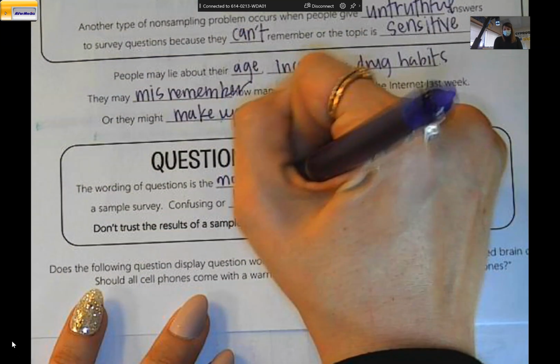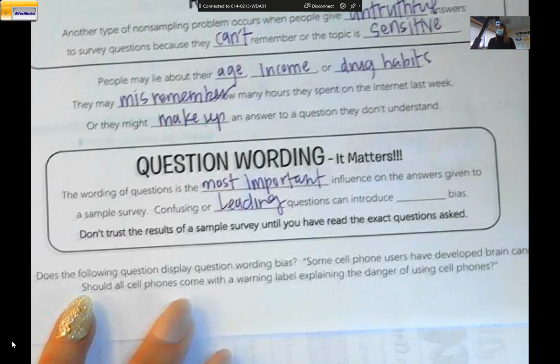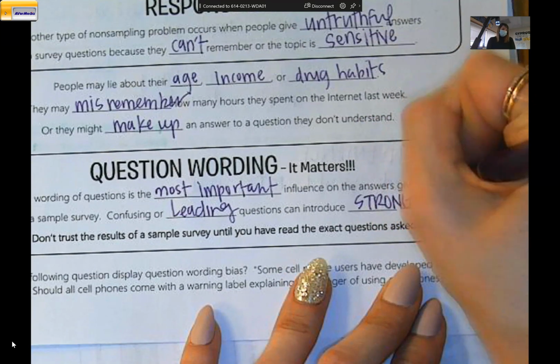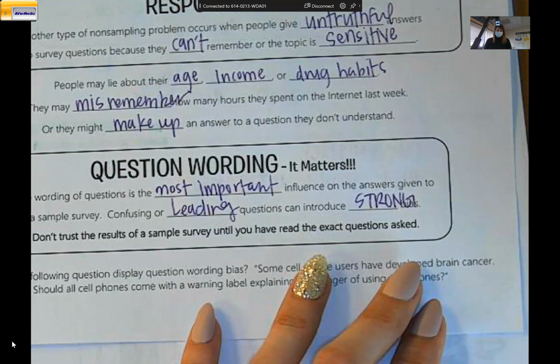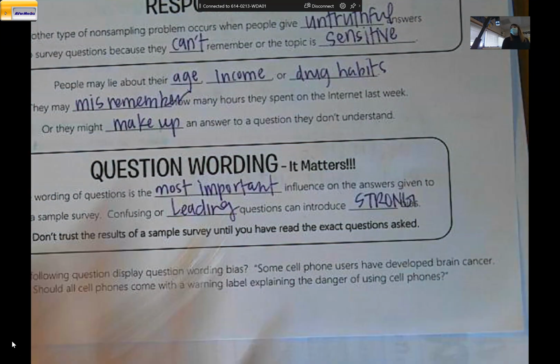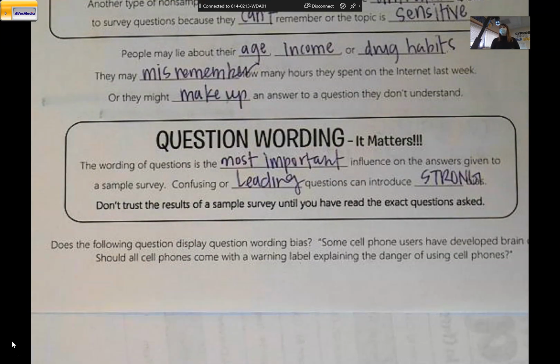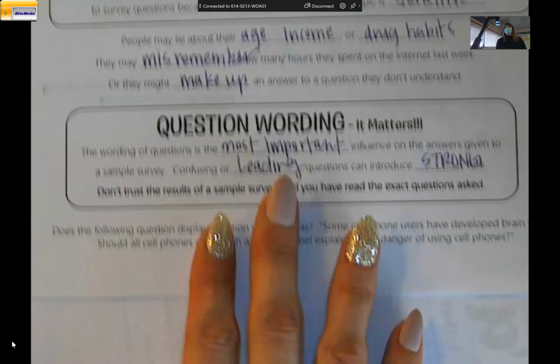Confusing or leading questions can introduce strong bias. Don't trust the result of any sample survey until you have read the exact questions.